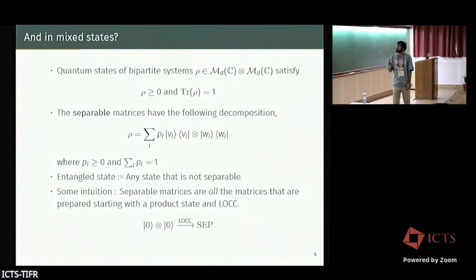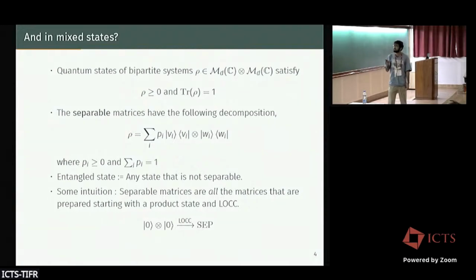For mixed states, we extend this notion to density matrices, which are positive semi-definite matrices with trace 1, and the separable matrices are a convexification of this set: a mixture of product states. Here p_i is a probability distribution, and the p_i sum to 1. Any entangled state is a state which is not separable.